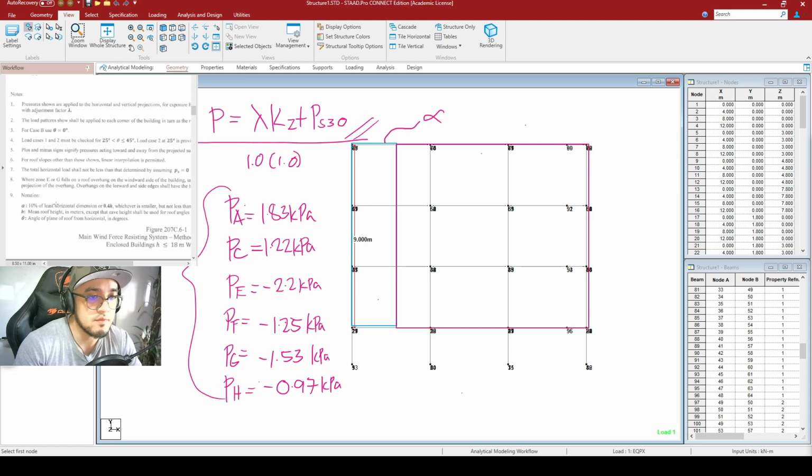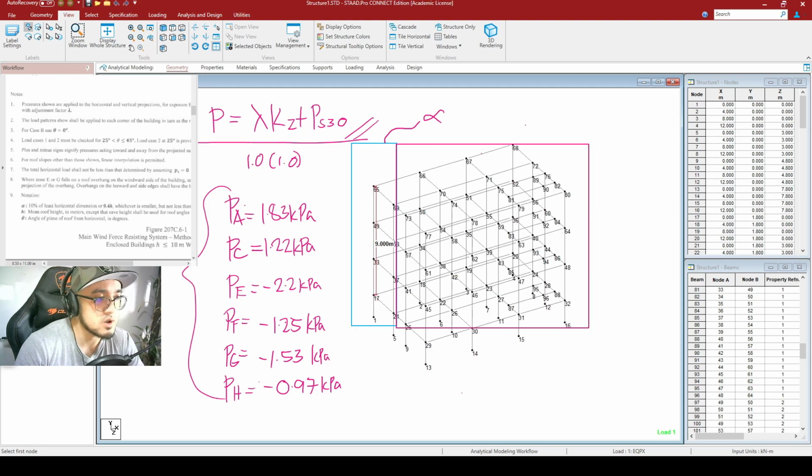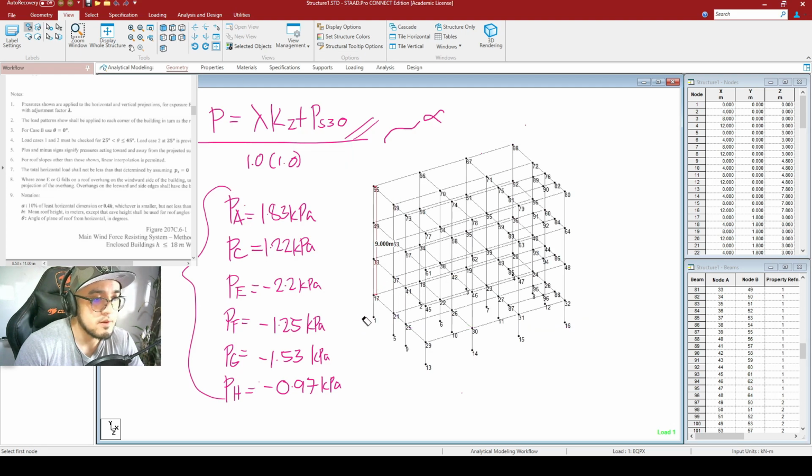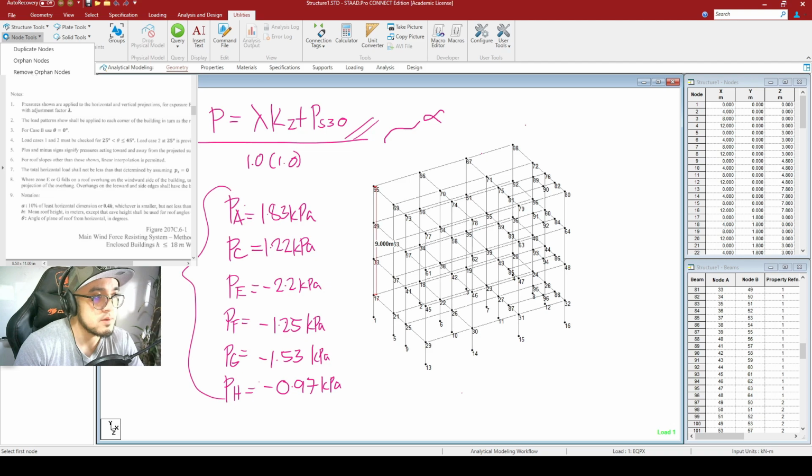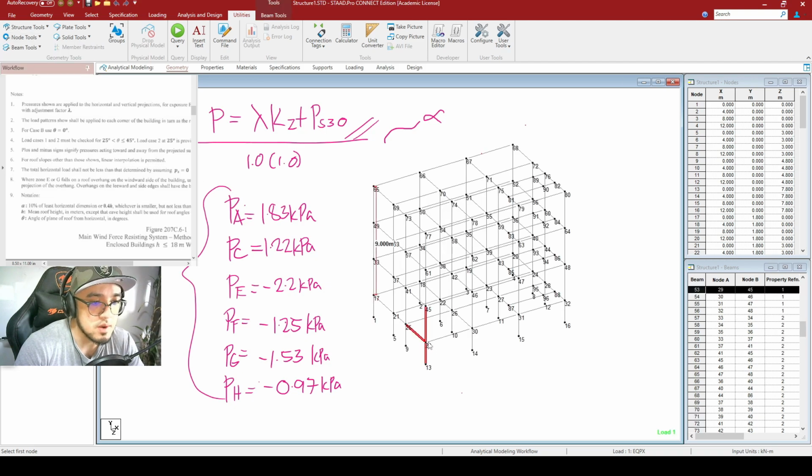So I would just be solving for them here first. So in this example, I would just be displaying the whole structure once again. So your horizontal dimensions would be as follows. So it would be this one right here.